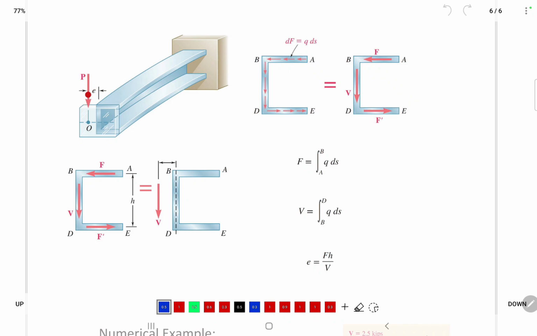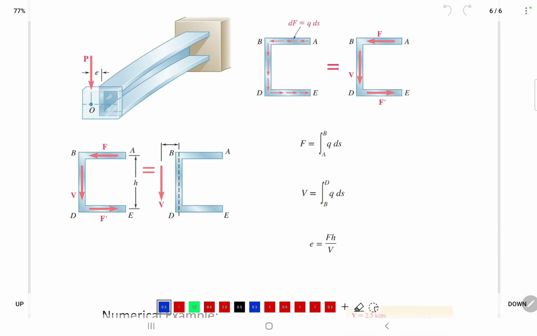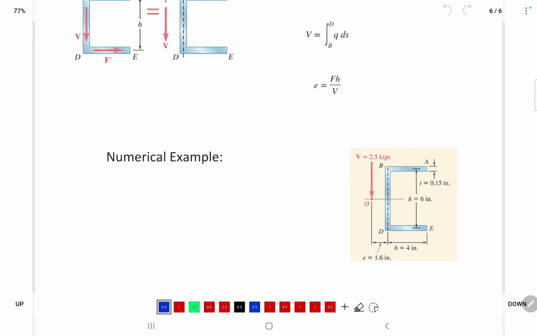It is the distance at which the force is applied so as not to produce any torsion. So now E will be computed from this equation. We explained all this fully in the last session.